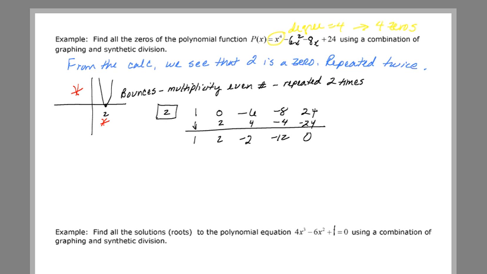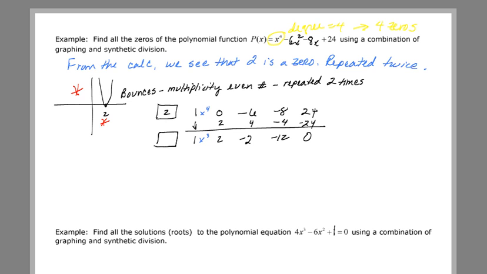Yep, when I divide by 2, I get a remainder of 0. Problem is, this is a cube, not a quadratic. What did it start off as? Fourth power. Then it drops down to a cube. I'm still not at a quadratic yet.